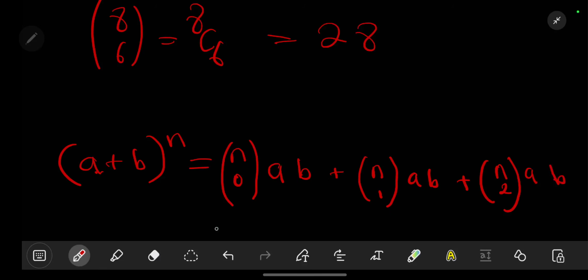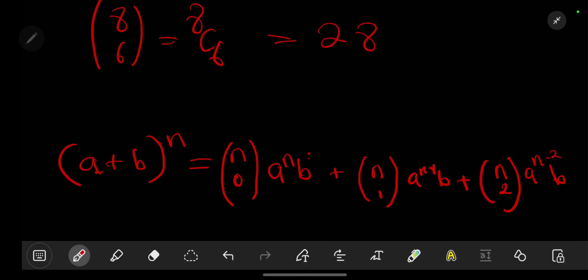Now the way it is, you're going to be reducing the power. The first one will have power n, then here it will be n minus 1, then you have your b, then here it will be n minus 2.